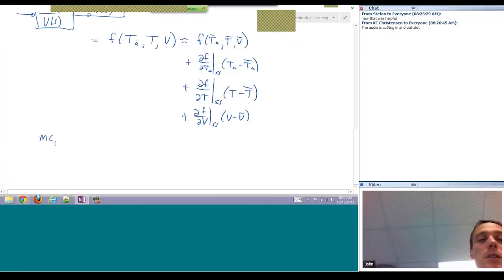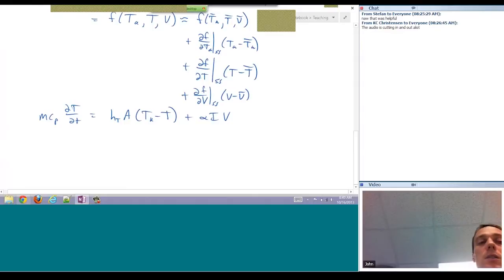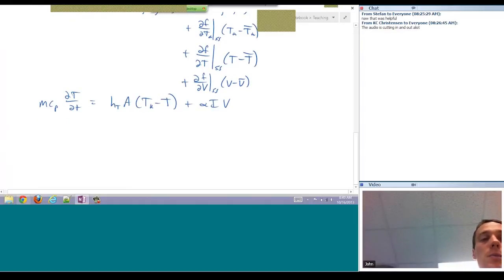MC sub P dT/dt equals hA(T ambient minus T) plus alpha I V. Okay, so let's go: MC sub P dT/dt equals, I plug in my nominal conditions. Let me just plug those in right here: hA(T ambient minus T) plus alpha I V.